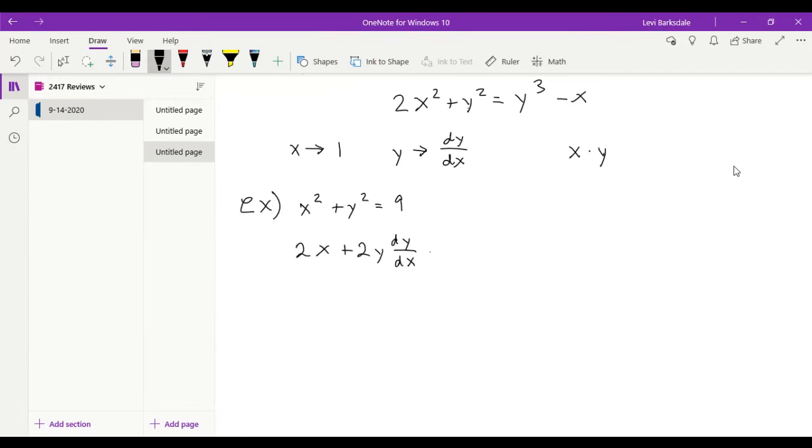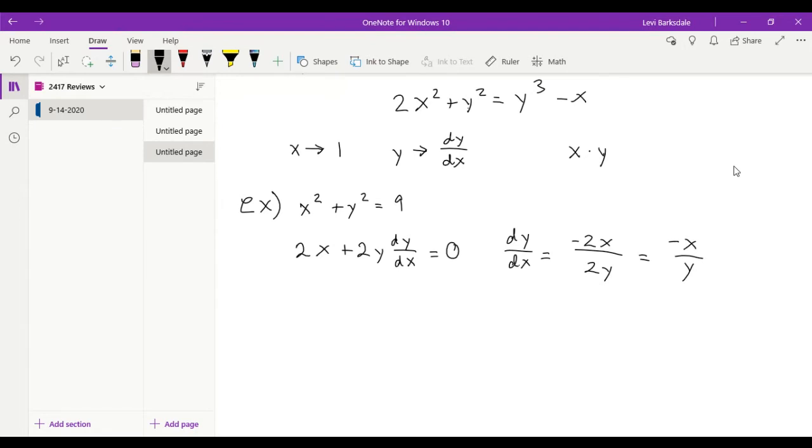So multiplied by dy dx, and then the derivative of 9 is just 0. And then in order to get our derivative in the form of dy over dx equals something, to isolate dy dx in this situation, we subtract 2x over, and then divide by 2y, which gives us minus x over y.